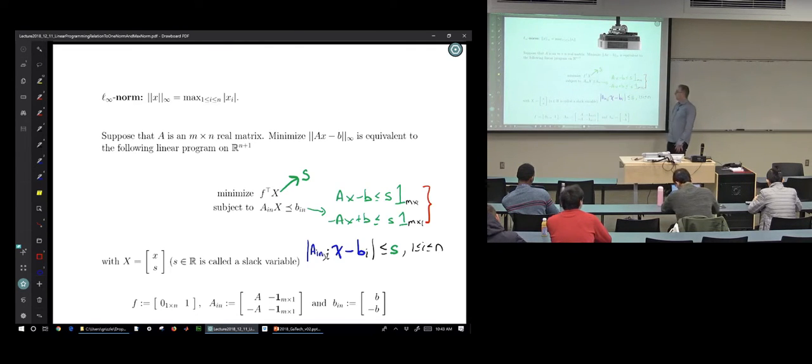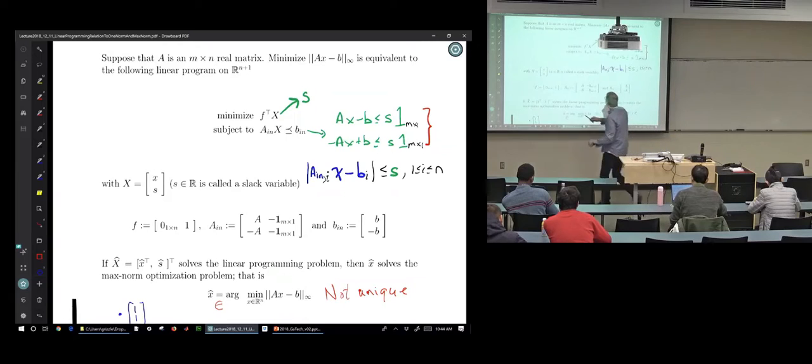And so if it's the worst case, then this bound has to be satisfied for s, and so you minimize over s. And so f transpose times x will work out to be just s. And we choose s to satisfy this equation, which means s satisfies every single row of the equation. Its absolute value is less than or equal to s, and then that'll be the max norm of the error, the smallest s you can find that satisfies that.